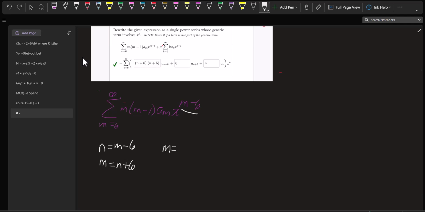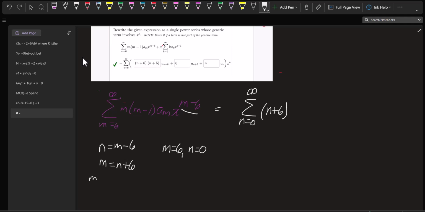Notice when m equals 6, if I plug in 6 for m, then n equals 0. So this series is the same as starting from n equals 0. We're still going to infinity.